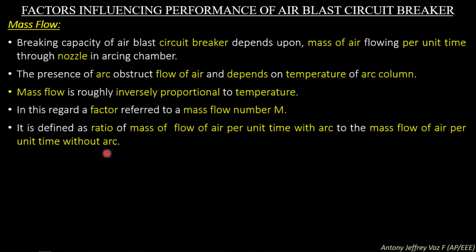So the ratio is the amount of flow of air from the reservoir tank to the arcing chamber at the time of arc, that is with the arc, divided by the flow of air without the arc, that is when there is no arc, how much air is flowing from reservoir tank to the arcing chamber.